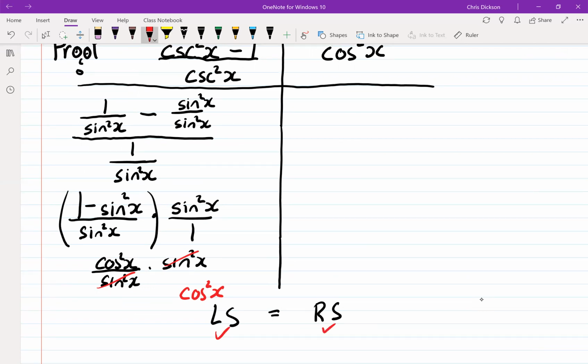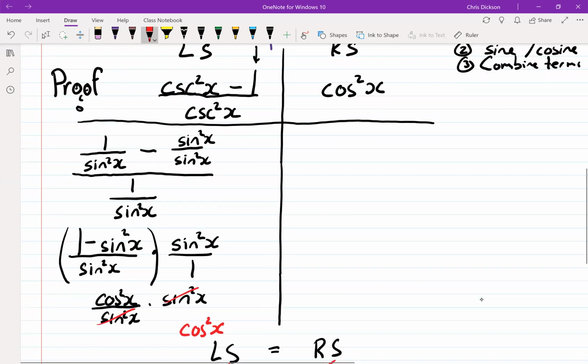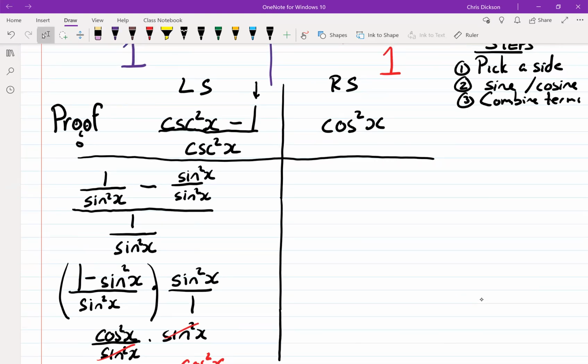Now, I'm just going to show you maybe a different technique here. Sorry, just before I finish that, so combine like terms, and then the other option, of course, is number 4, look for identities.